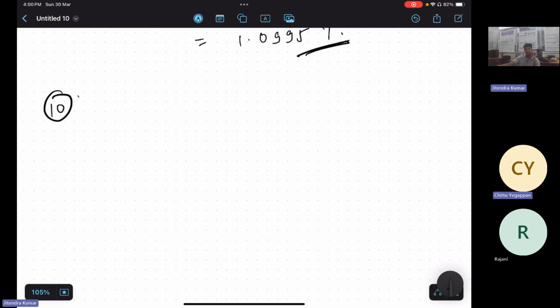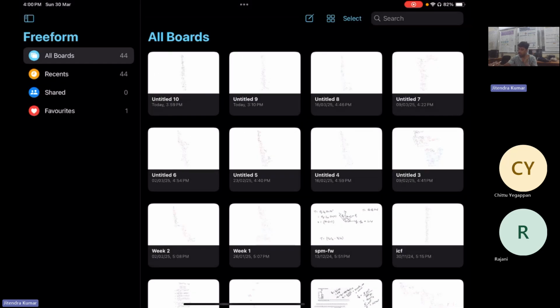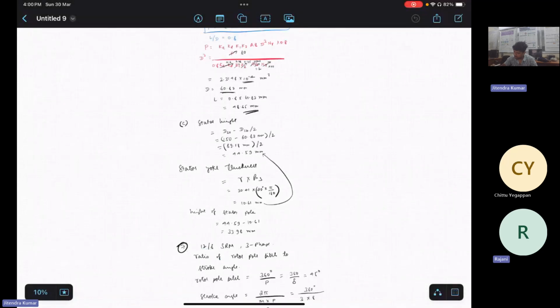Sir, I took the difference between the stator outer diameter and the bore diameter, and after that I divided it by 2, sir. And you did not reduce the yoke height? No, sir. So that's where you made the mistake. In the last session, I drew it also, if you remember correctly. Yes, sir.